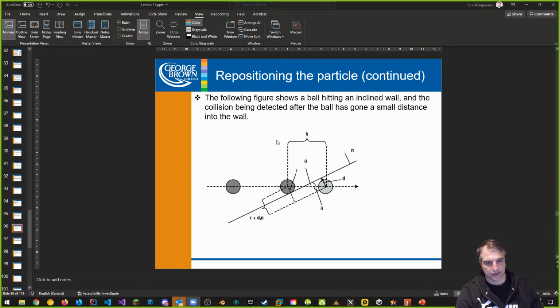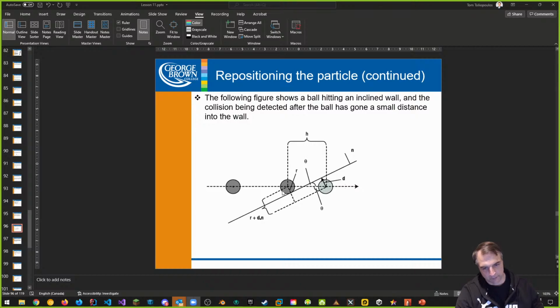Think about this as the angle of attack. I want to move it back across this line of approach, back to where it would have collided, using the difference between where it penetrated and where it should have stopped. We move it back to where it should have stopped, which is against the wall.